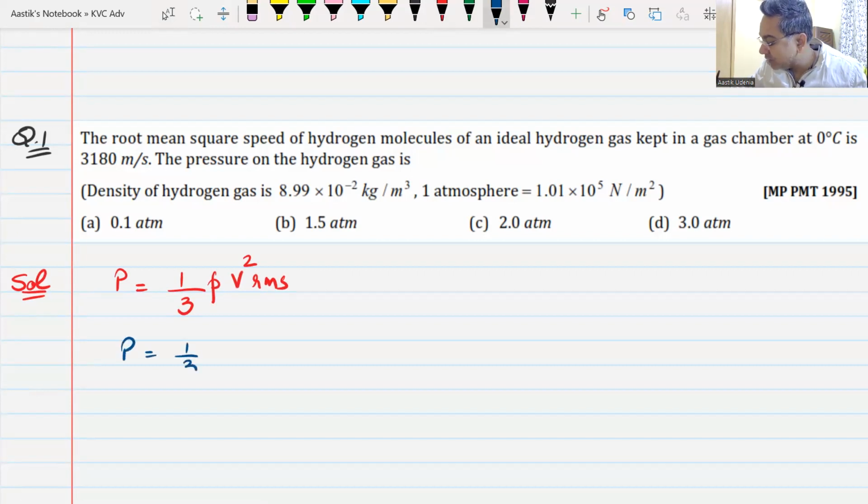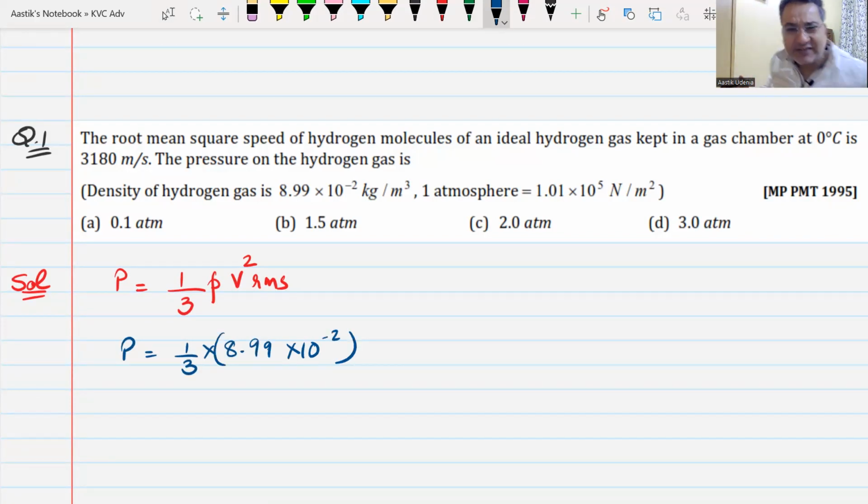Pressure is 1 by 3. Rho is given as 8.99 into 10 raised to the power minus 2. This 8.99, you can take it as 9. Just have to simplify your calculation. Into VRMS square, 3180 square. This 3180, you can take it as 3000 also, just to get your answers quickly.